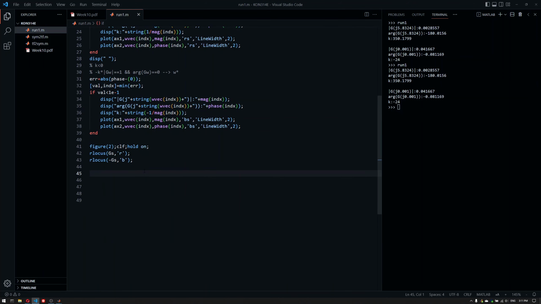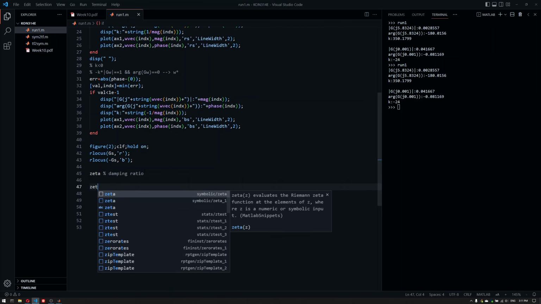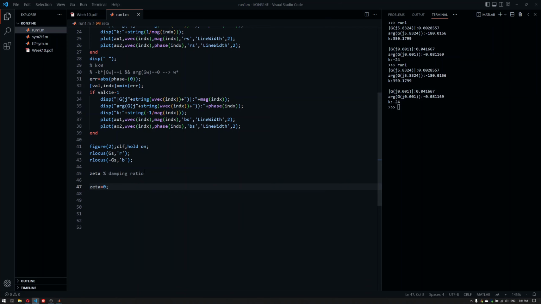Now, when you look at the damping ratio zeta, we notice something interesting here. When we look at the S domain, when zeta is equal to 0, we are on the j omega axis.